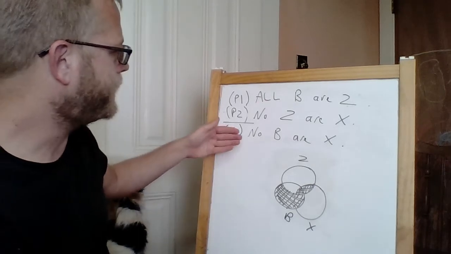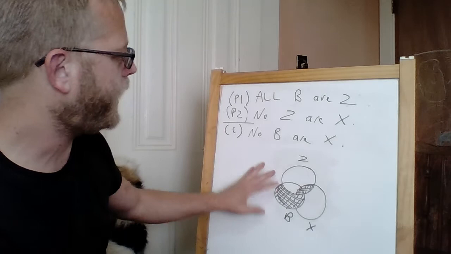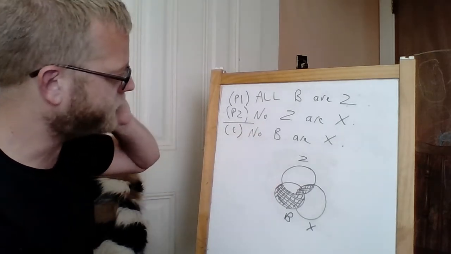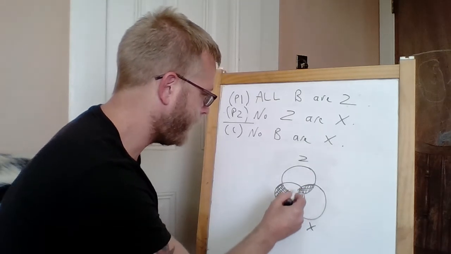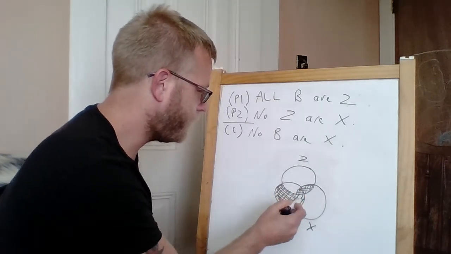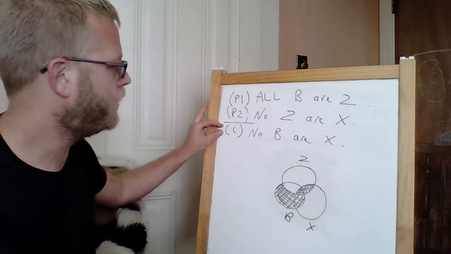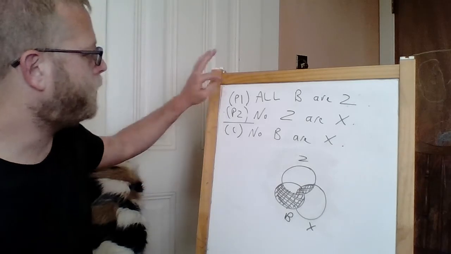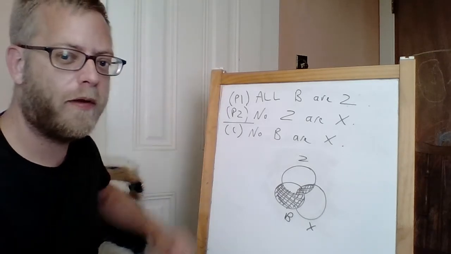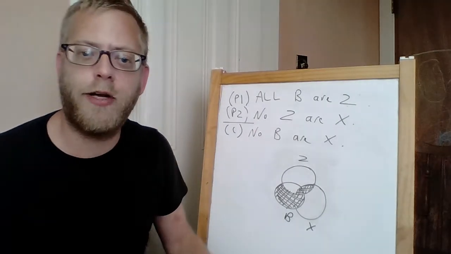Now we just have to see, according to this diagram, does it say that there are no B's that are X's? We simply look at the overlap between B and X, and we realize there's nothing there. So yes, indeed, the conclusion is represented in the diagram automatically just by plugging in the premises. The conclusion showed up all on its own. So it's another valid argument.